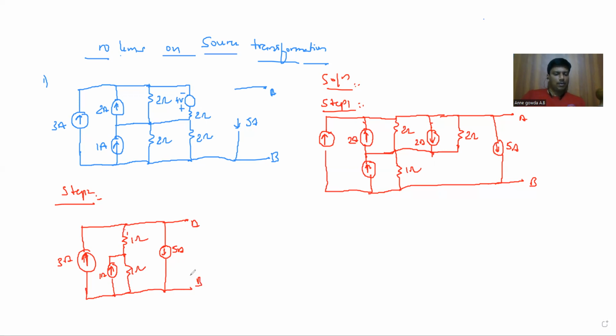Now what I can do is convert this 1 ampere, 1 ohm current source into an equivalent voltage source.